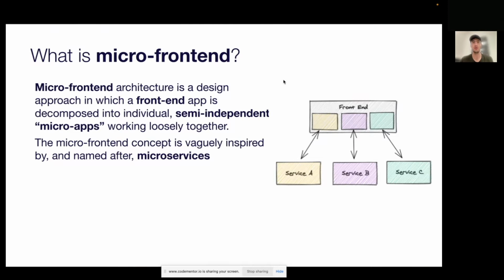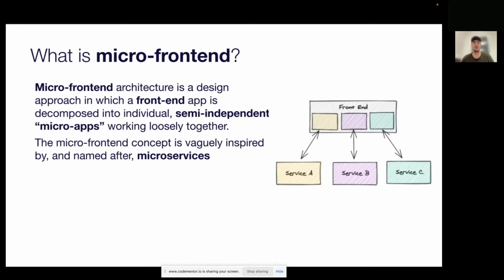So before we go to the exact topic, Module Federation, I would like to provide a bit more context. Let's start with the definition of micro-frontends. Micro-frontends architecture is a design approach in which your front-end application can be decomposed into smaller micro applications, which work loosely together. They are semi-independent.